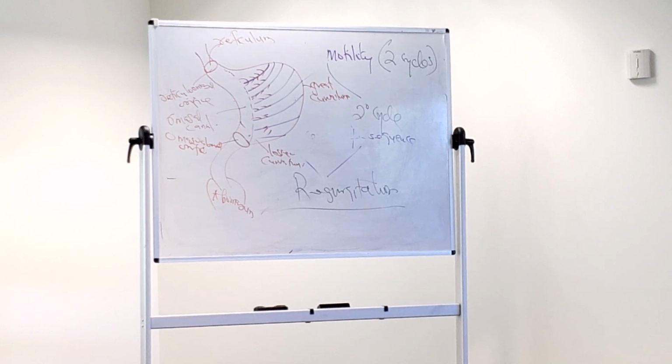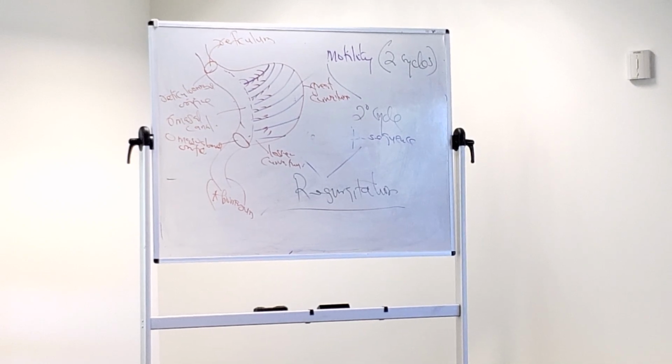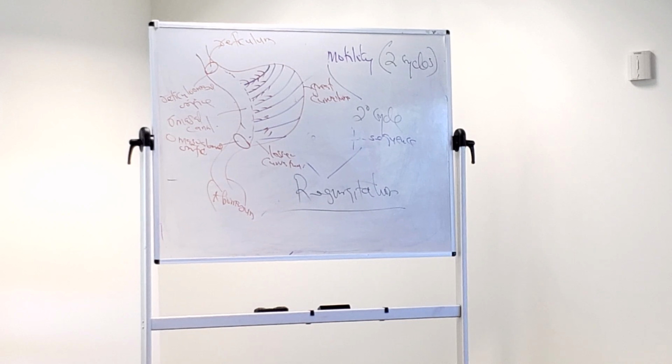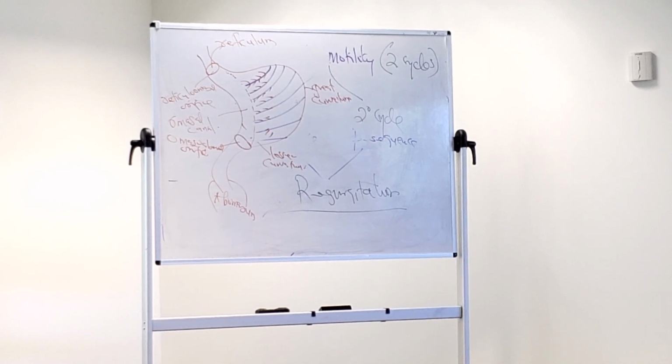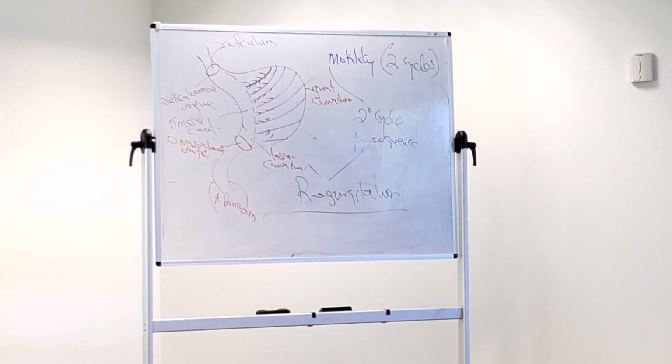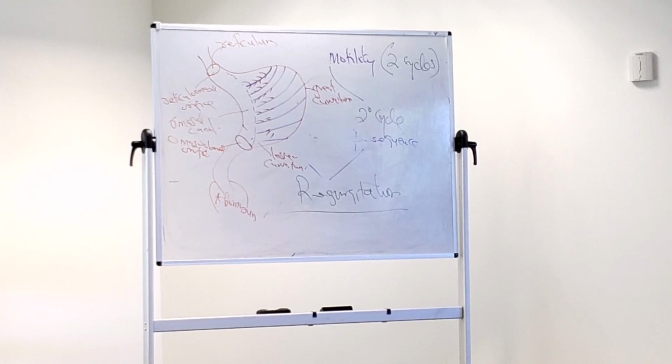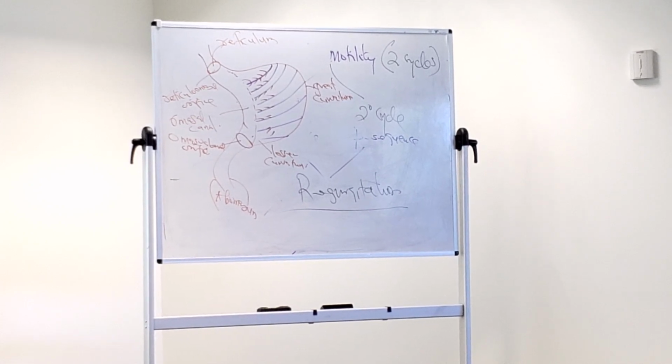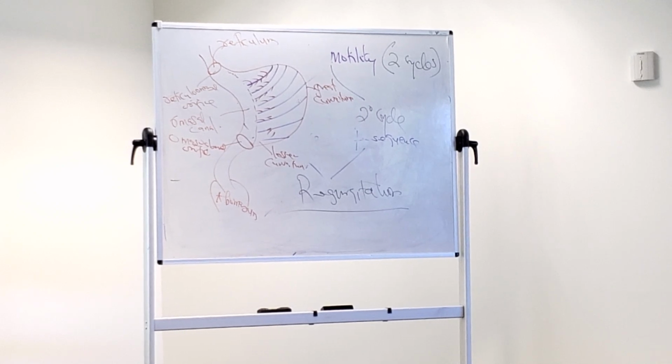The food material is further broken down into smaller pieces here to prepare it to encounter the abomasum, where you have gastric juice that will further embark on chemical or enzymatic breakdown.